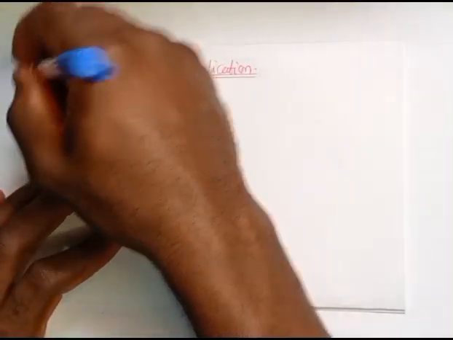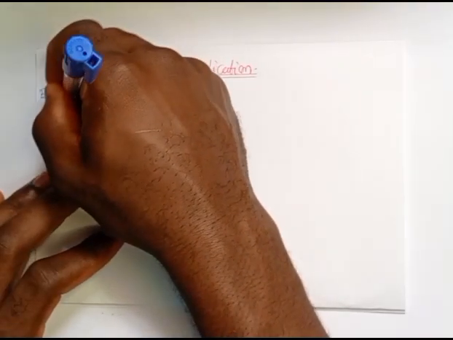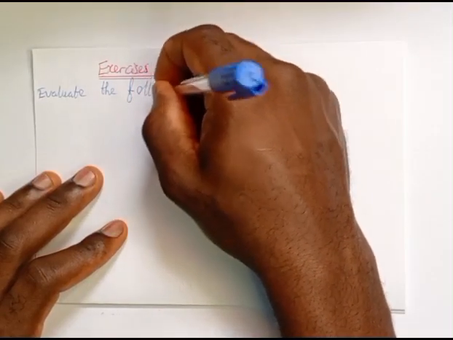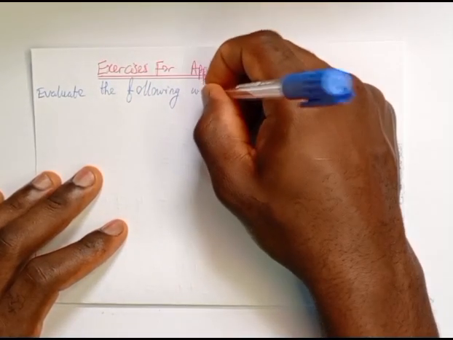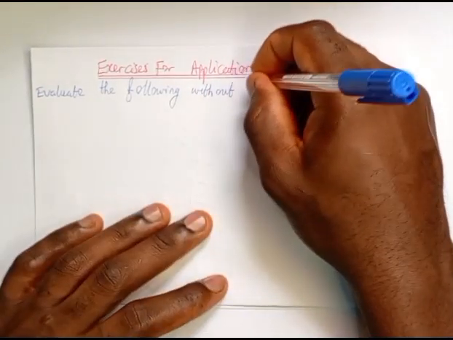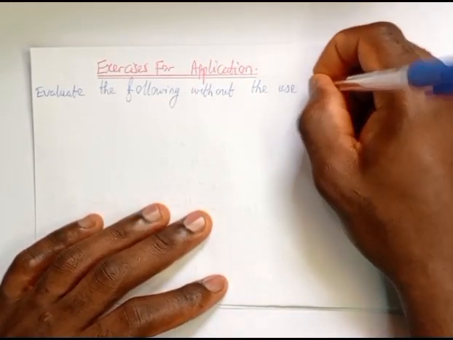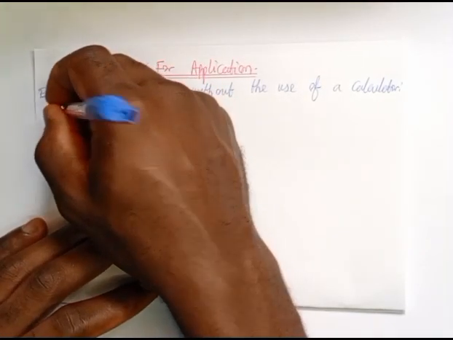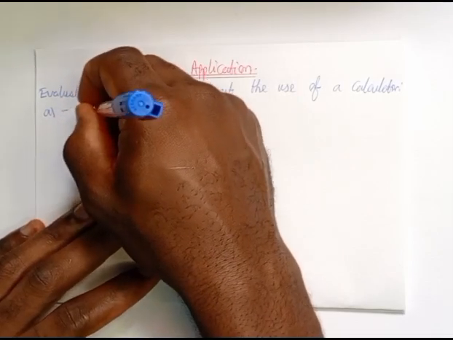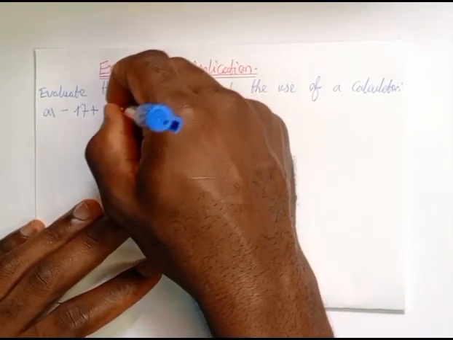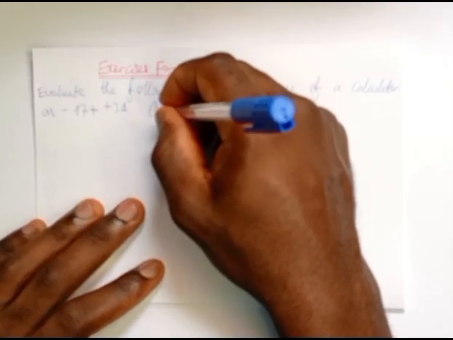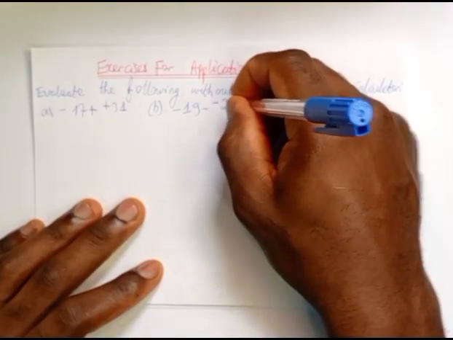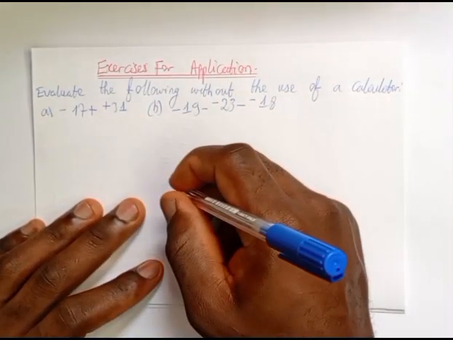It goes, evaluate the following without the use of a calculator. For A, we have negative 17 plus positive 31. For B, we have negative 19 minus negative 23 minus negative 18.